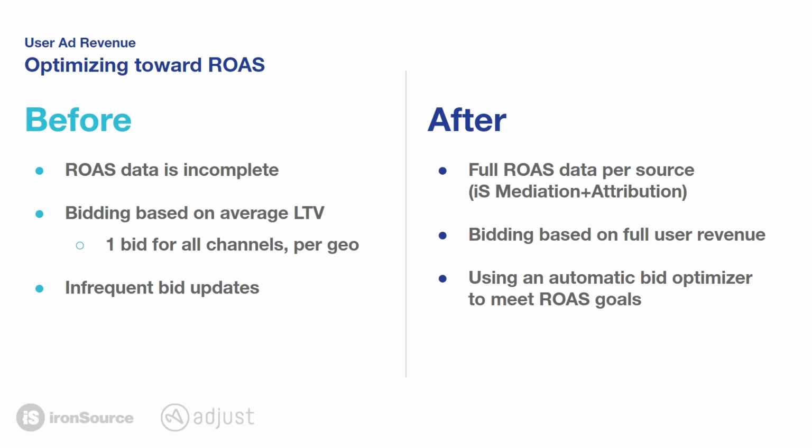And now, for the first time, you can decide on bidding strategy and take action based on this full view of user level measurement. And you can also take action using automatic bid optimizers to meet those return on ad spend goals to really help you operationally within your growth team.